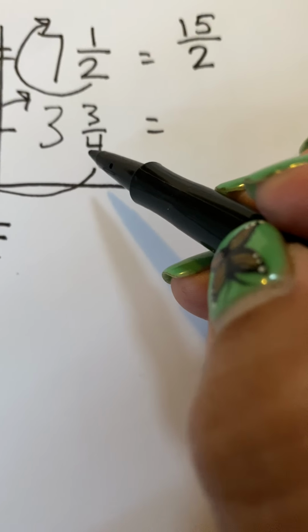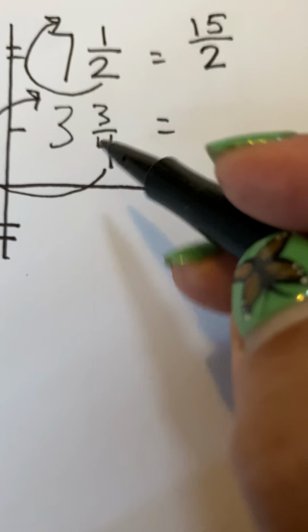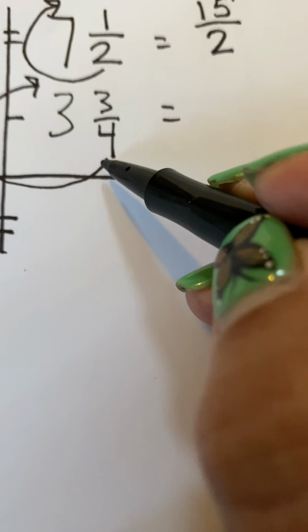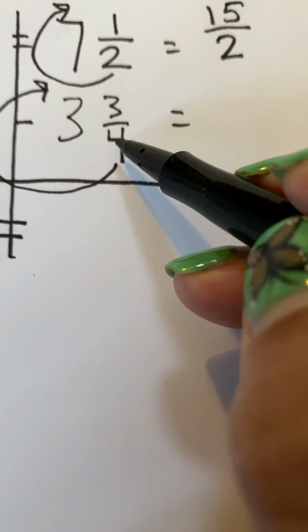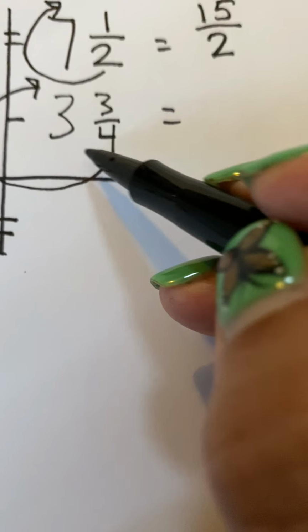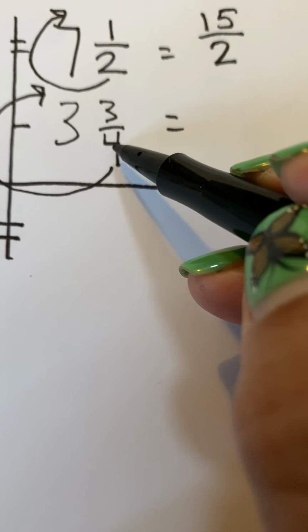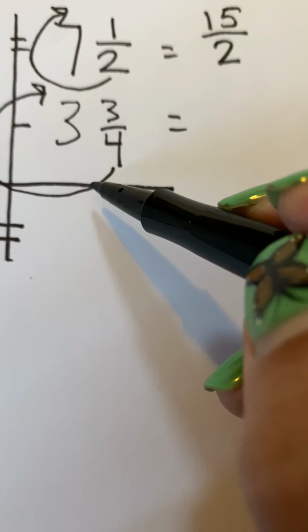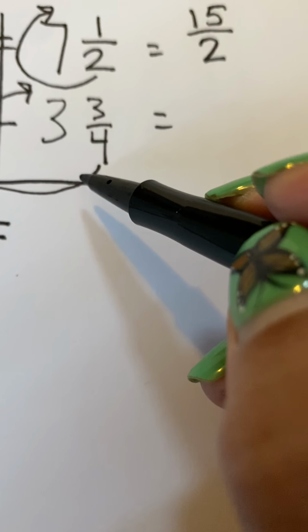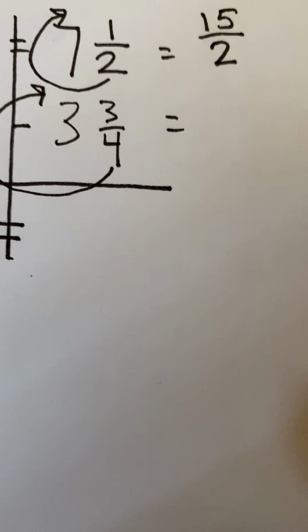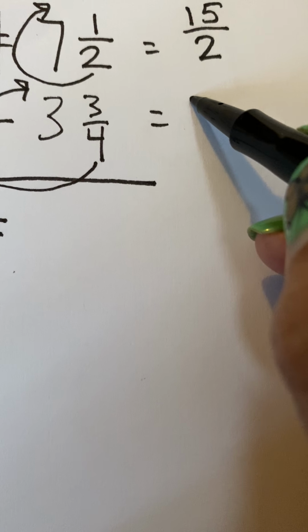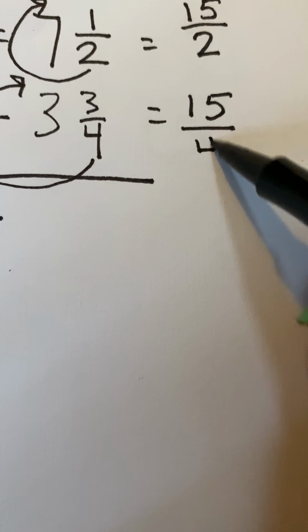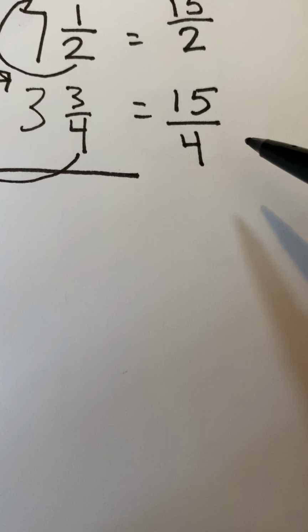And using the C method again, we turn this mixed number, 3 3/4, into an improper fraction, multiplying the denominator times the whole number plus the numerator. So 4 times 3 is 12, plus 3 is 15. Okay, so we have our new numerator, which is 15, and the denominator stays the same.